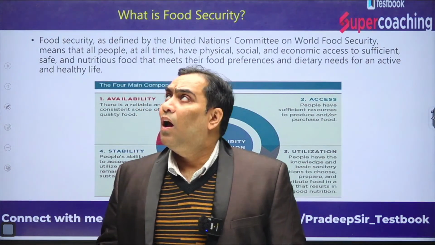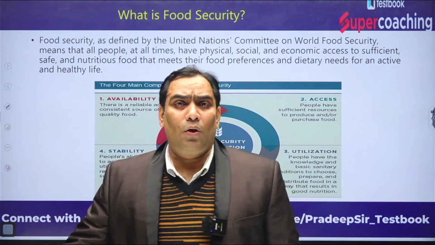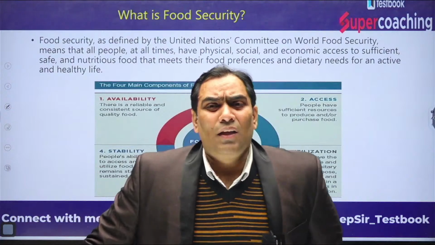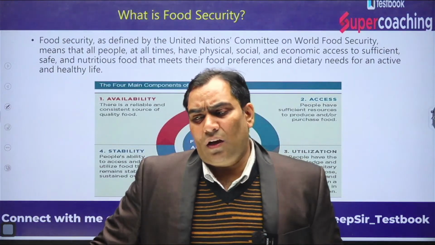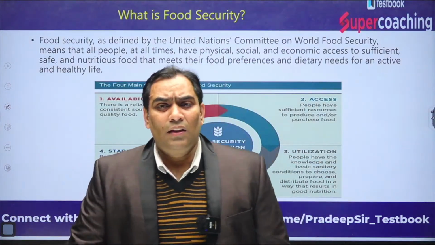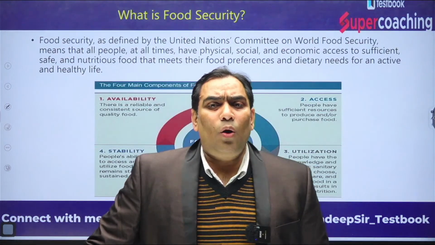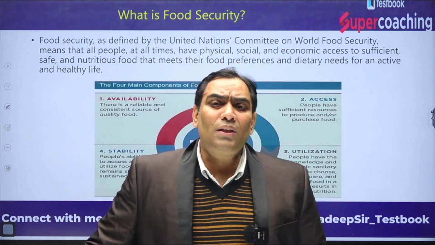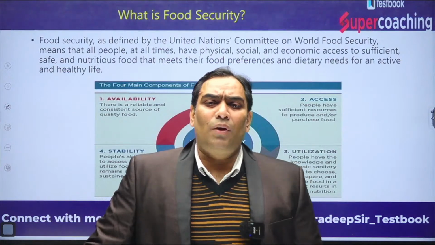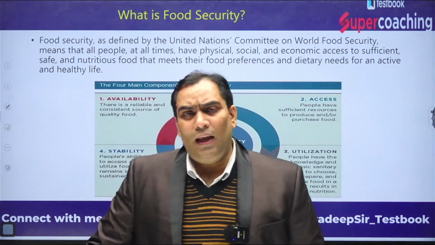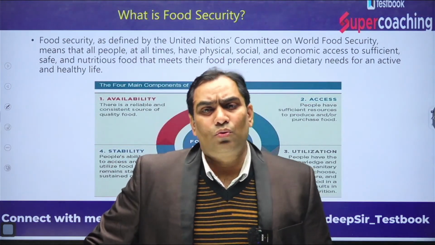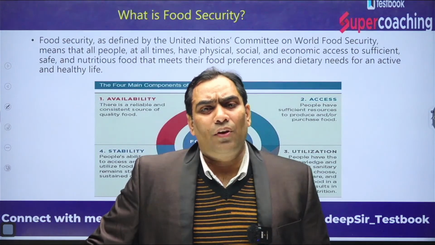Okay, so that is about food security as per the definition of the United Nations Committee on World Food Security. The meaning is that there is a need to have access. That is the most important thing: all the people, all the time, must have access, and that access must be in terms of physical access, social access, and economic access.